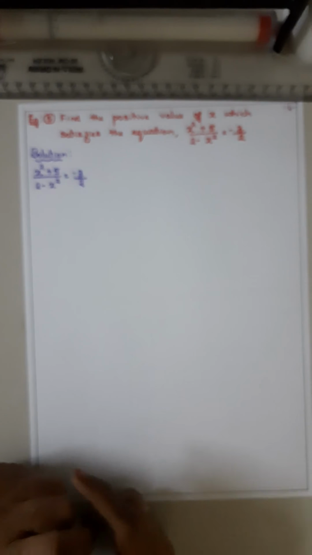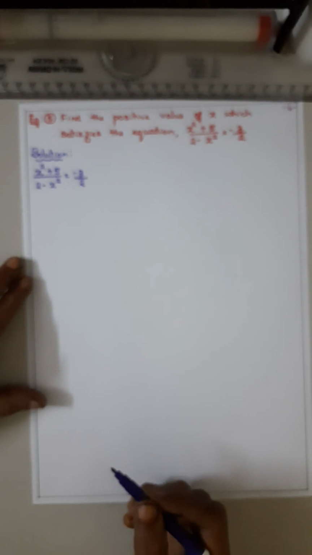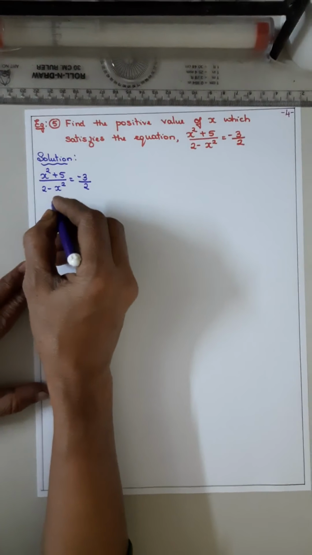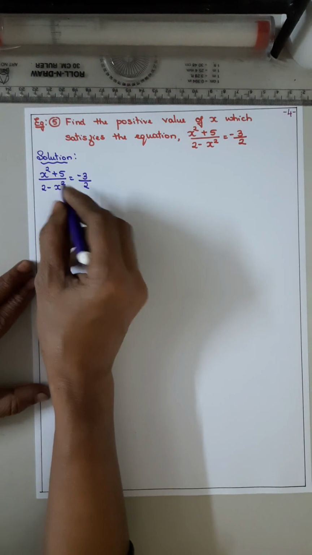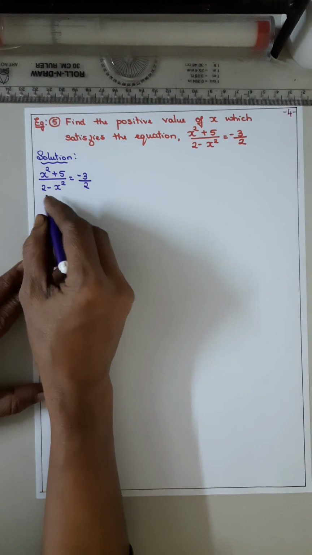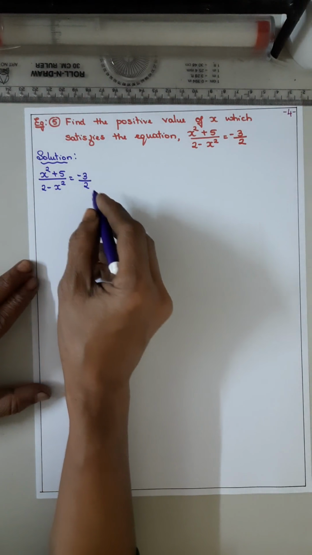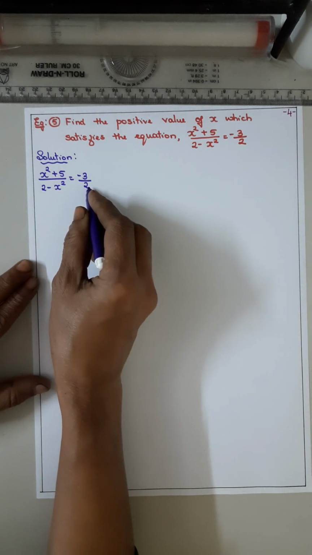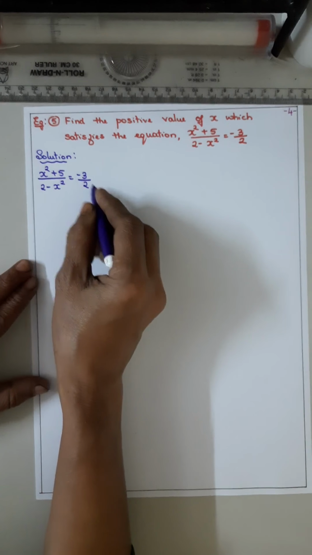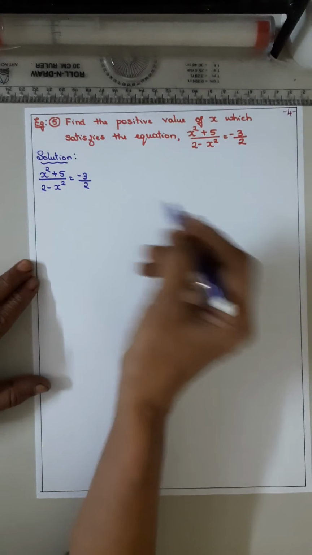First do as the normal sum. So x squared plus 5 upon 2 minus x squared is equal to minus 3 by 2. So multiply the numerator by 2 and the denominator by minus 3.